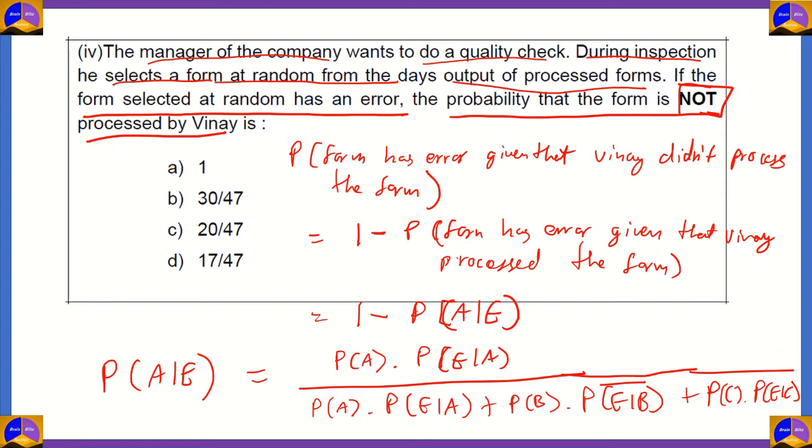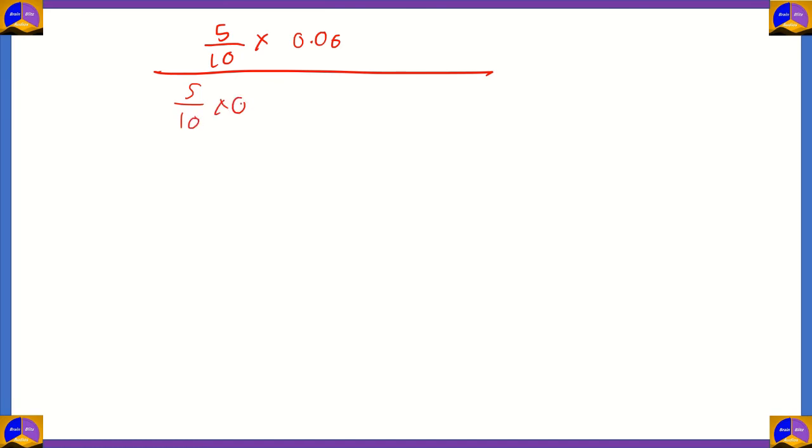So these are the values. Now we put in the values. P of A is 50%. Here we'll write it as 5 by 10 times 0.06 divided by 5 by 10 into 0.06 plus, for B, it will be 2 by 10 into 0.04 plus 3 by 10 into 0.03.